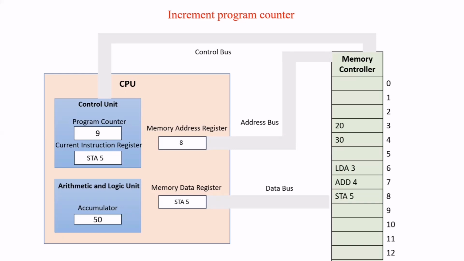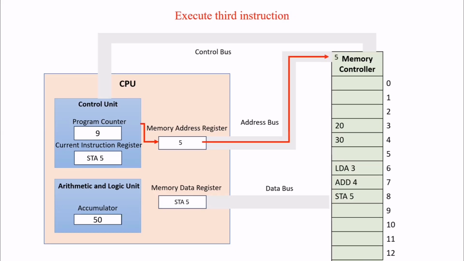This time the CPU is going to write something to the memory, where the instruction says to store a copy of whatever is in the accumulator into memory address number 5. So the memory address is copied into the memory address register and sent to the memory controller using the address bus.